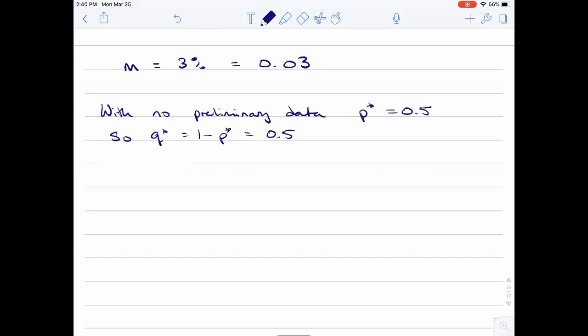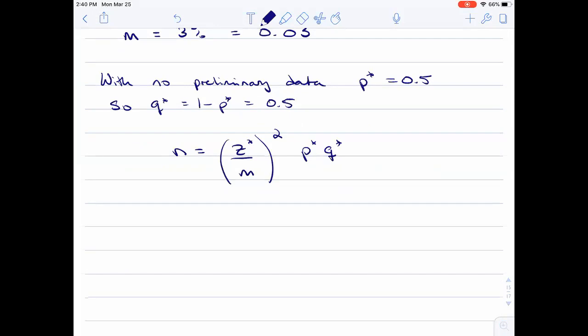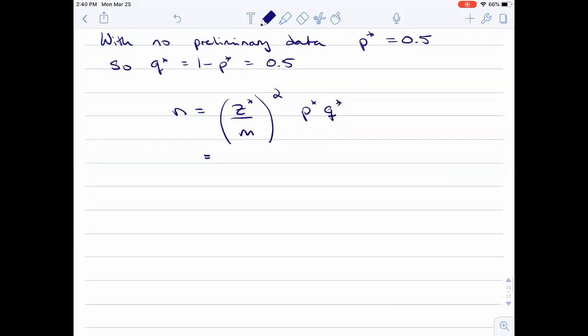Okay, so now N is Z star over M, all squared, times P star times Q star. Now it's just a matter of plugging in values.